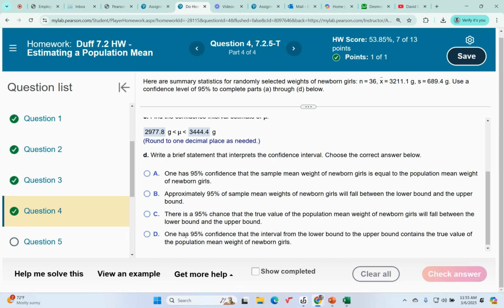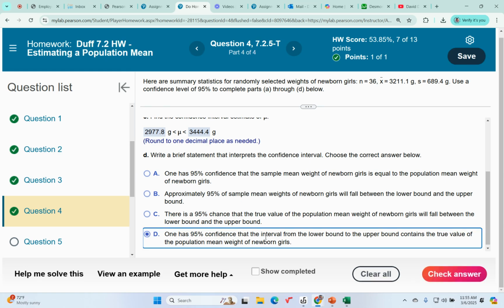Let's see. Okay, here it is. One has 95% confidence that the interval from the lower bound to the upper bound contains the true value of the population mean. That's the one. The true value of the population mean is within that confidence interval that we found, and we're 95% confident that that is the case.